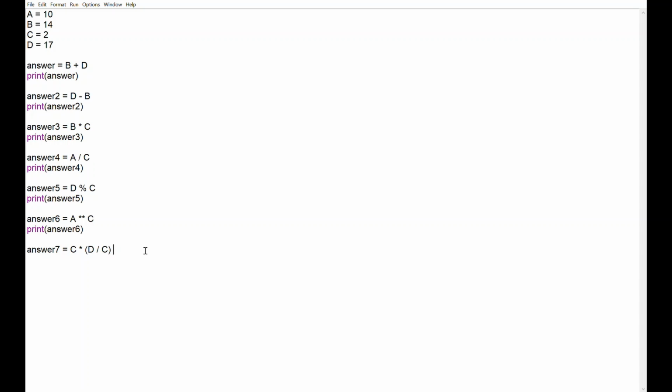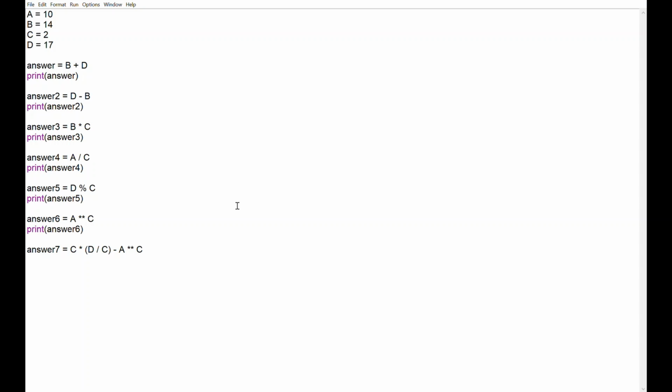So let's do minus 10. So that's a. And then exponentiation with C, and see what happens with this equation.